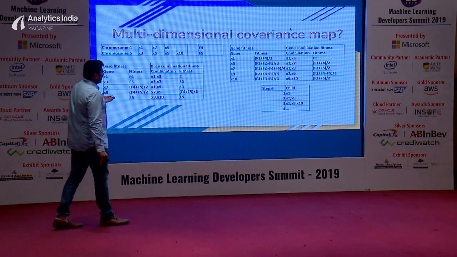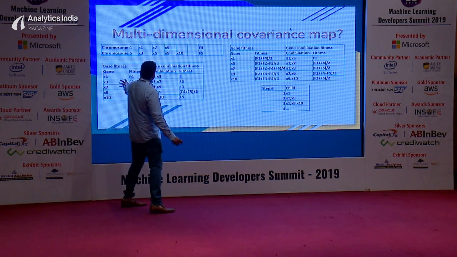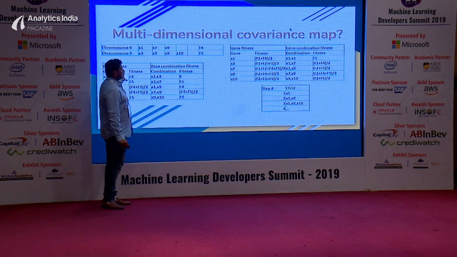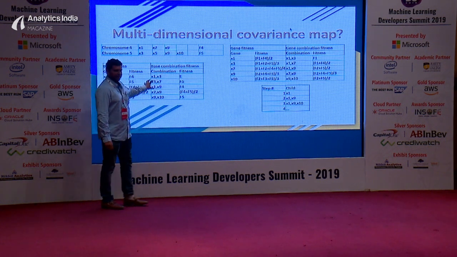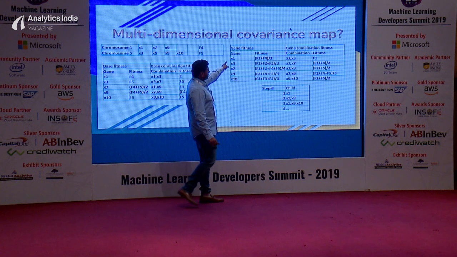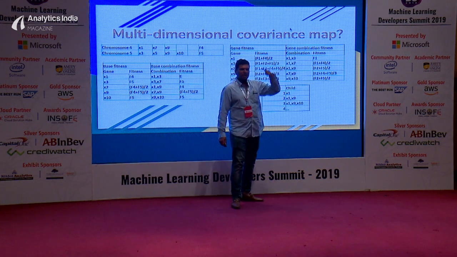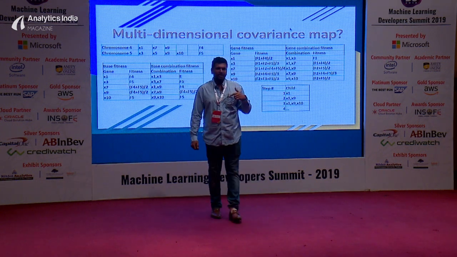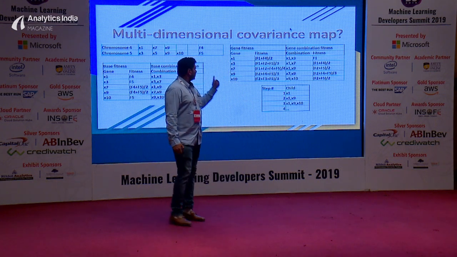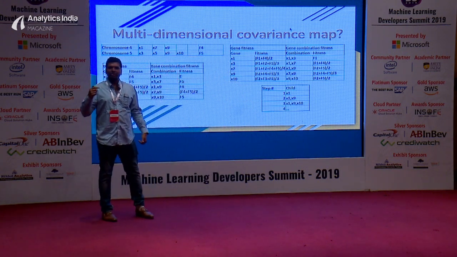So what I do here is that these 2 chromosomes tell me this is the fitness, right? But the gene fitness actually comes from all the 5 chromosomes I've seen before. I have seen multiple chromosomes, not just these 2. I've also seen chromosome 1, 2, and 3 before this.